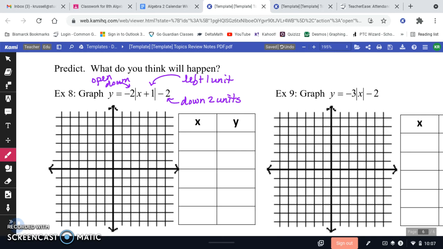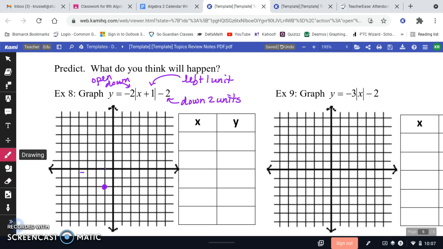If we think about that original parent function that has a vertex at the origin and opens up, well, if we shift this vertex 1 unit left and 2 units down, then the vertex moves to here. It moves to -1, -2.